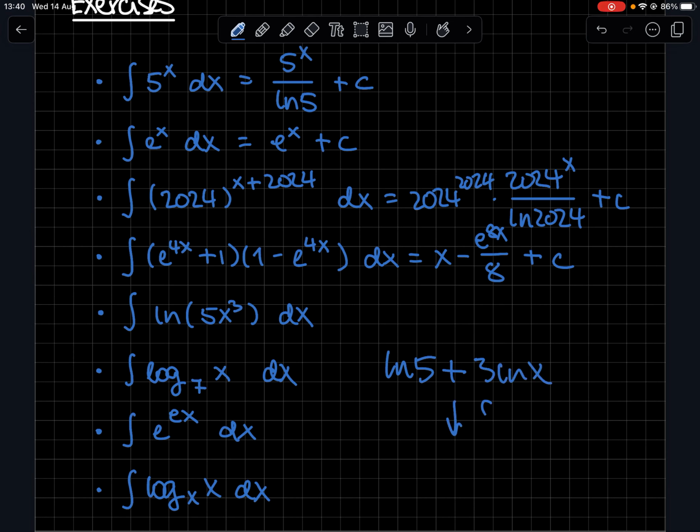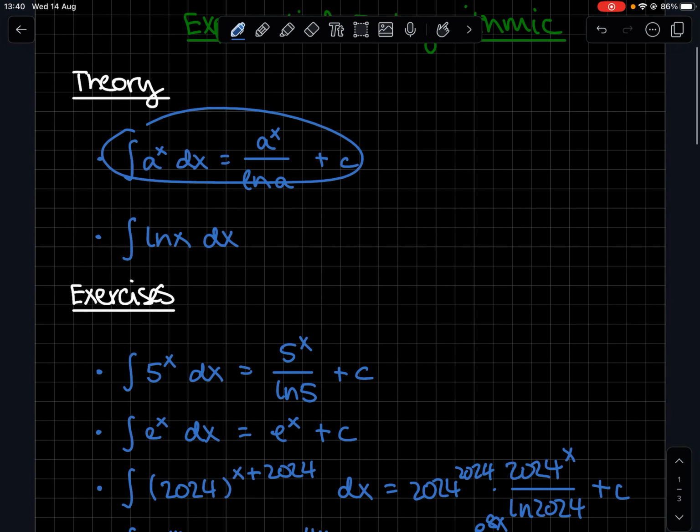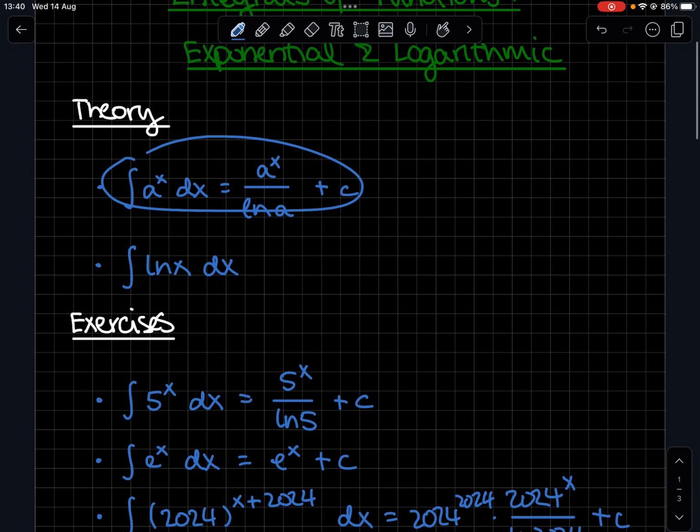And then when you integrate, ln of 5 is just a constant, and the integral of a constant is that constant, ln 5, times x, okay? And then we have plus the integral of ln x we saw was, oh, I must have deleted it again, x ln x minus x.